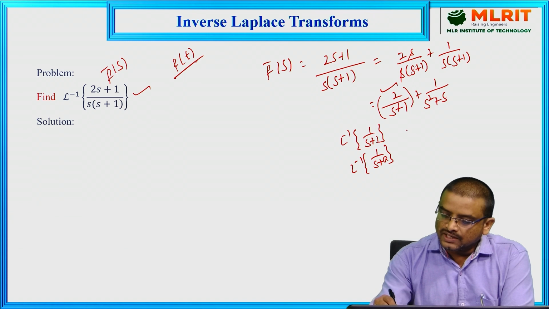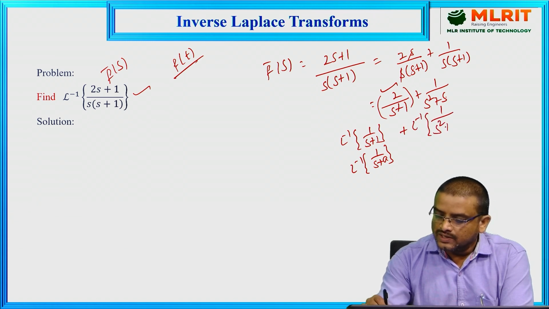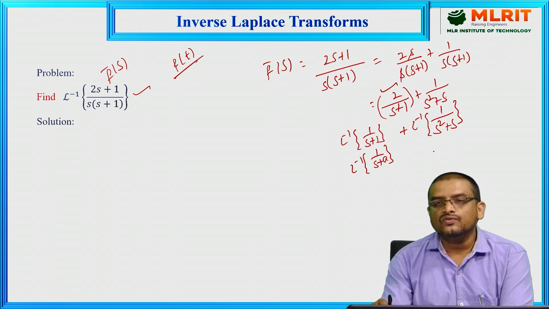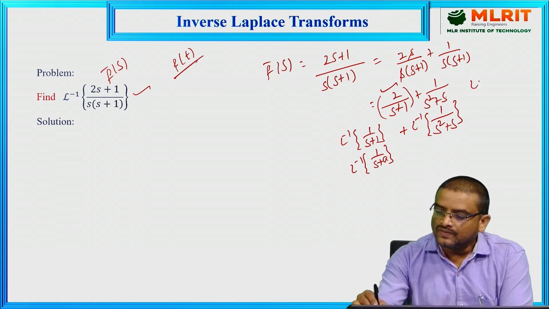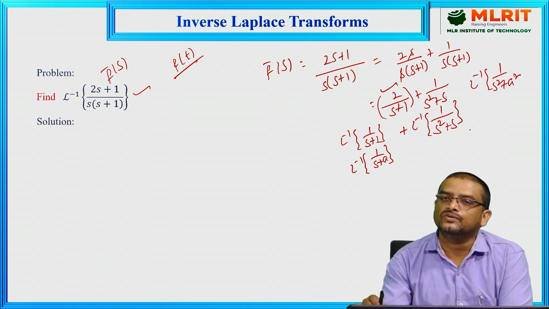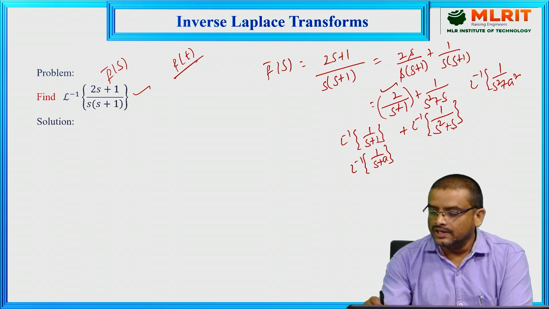Now take the second term, L inverse of 1 by s square plus s. Can you find any standard formula of this type, 1 by s square plus s? We don't have this. Suppose we have the formula in the form of L inverse of 1 by s square plus a square. Some constant term will be added to this s square term. But here we don't have the constant term.